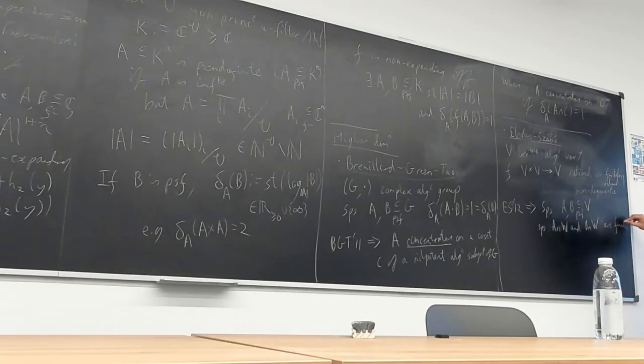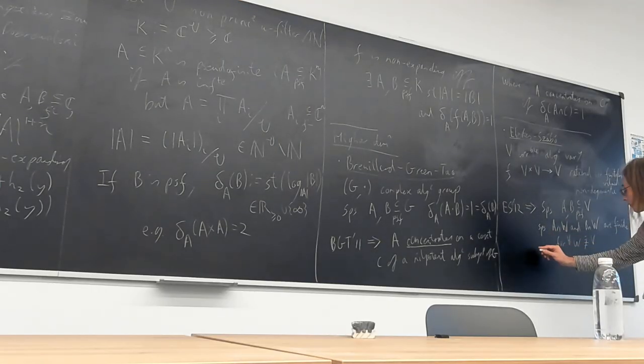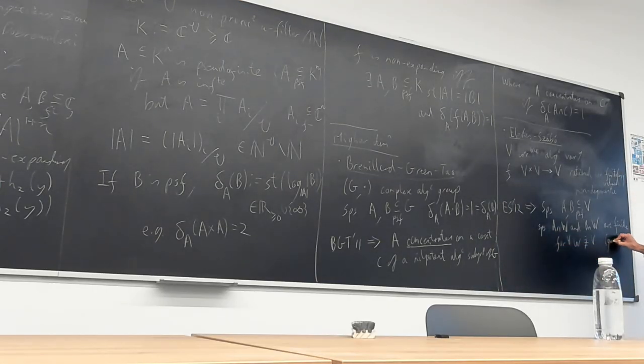So if A intersect W and B intersect W are finite for all proper, lower dimensional subvarieties of V. Okay? So this is saying that it doesn't concentrate at all on proper subvarieties. Barely. Okay, then it works. So I'll call this general position, this assumption. A and B are in general position in V.